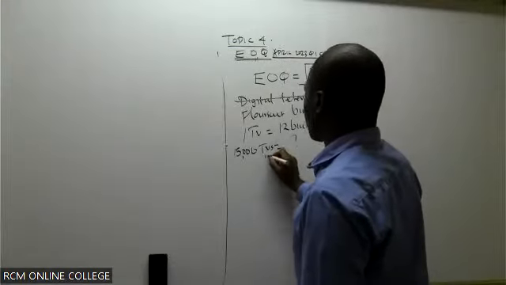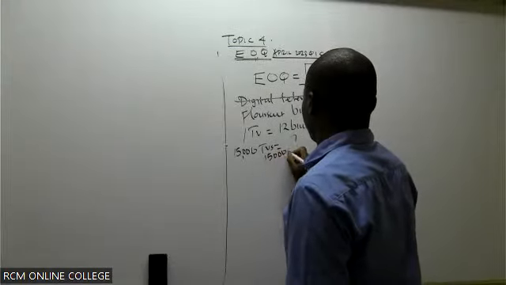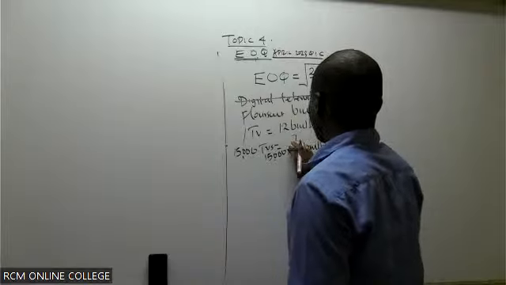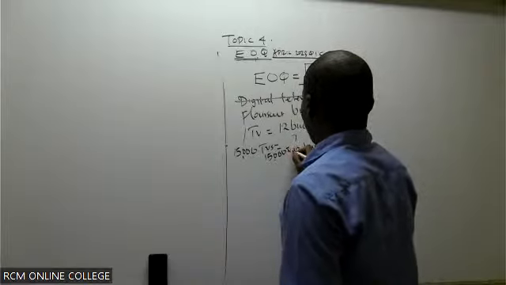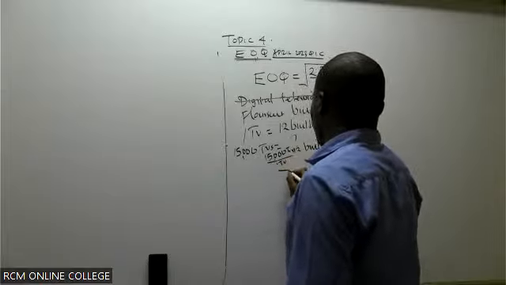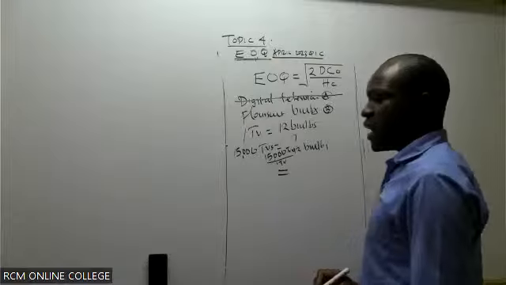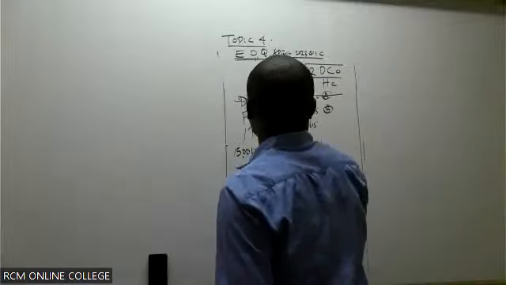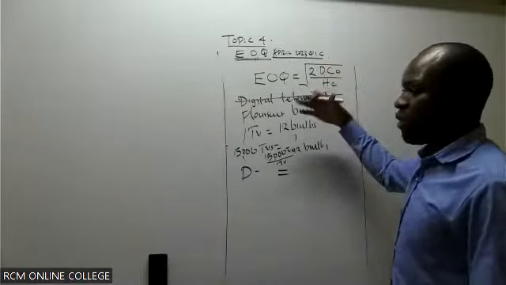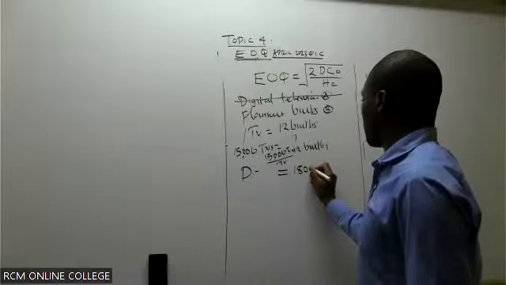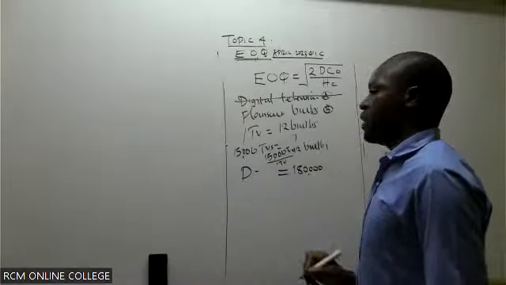So that's what we need to start with. So total number of bulbs for the entire year, that is what we call D in our formula. Annual demand is equivalent to 180,000.